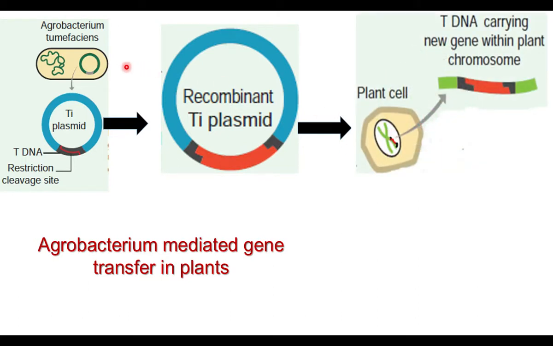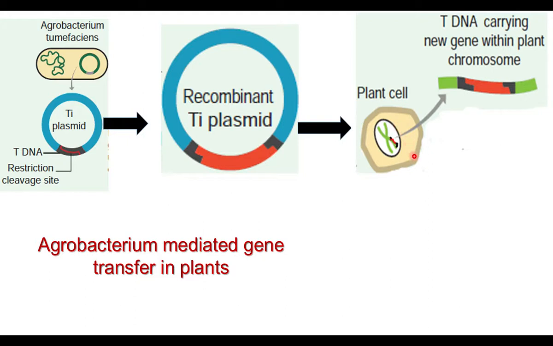While infecting the plant cell, the tDNA causes transfer of the foreign gene into the plant genome. The plant cells are now called recombinant cells, the cells containing the foreign gene.